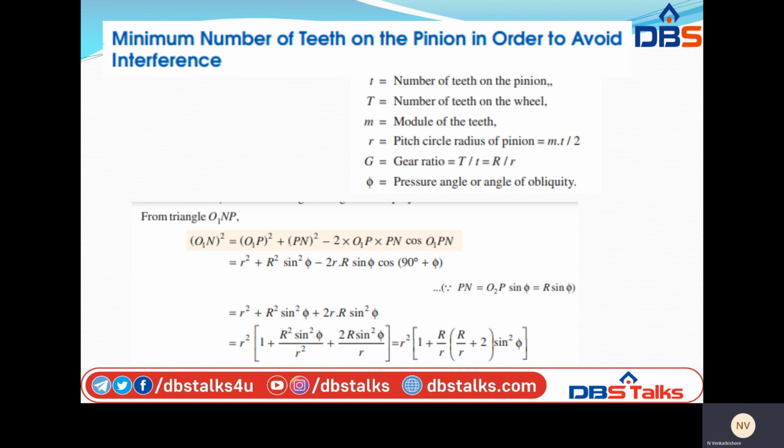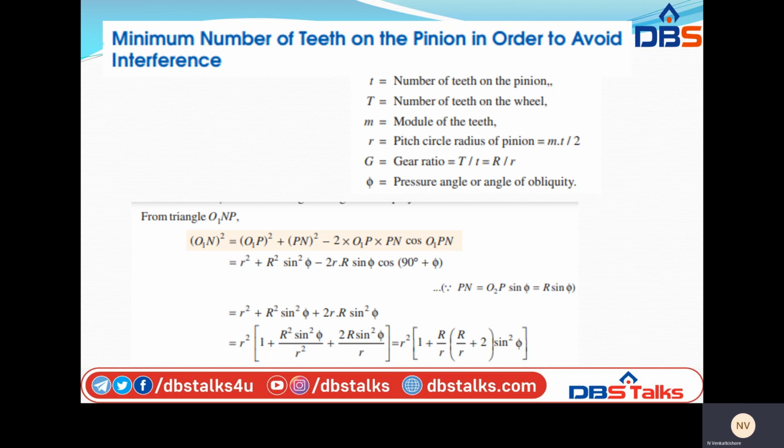There we already get the formula, that is r is equal to module into the number of teeth on the pinion divided by 2. And what is the gear ratio? The gear ratio means the number of teeth available on the wheel to the number of teeth on the pinion.